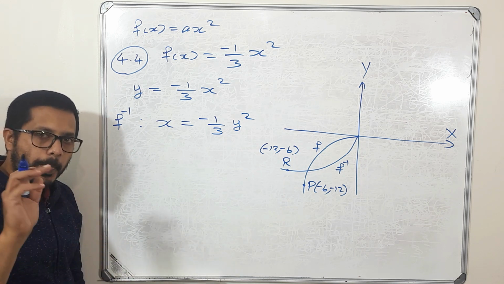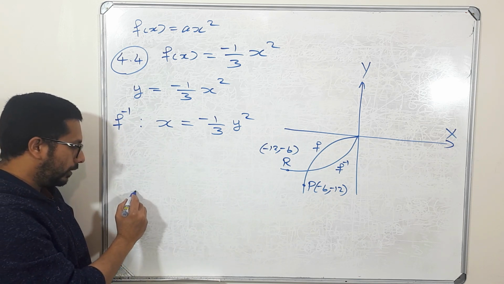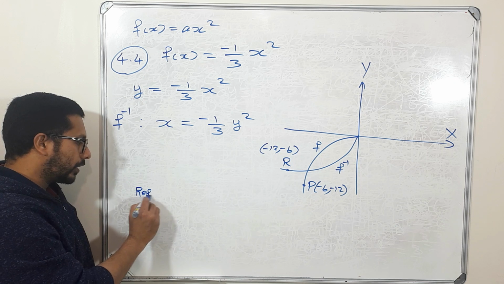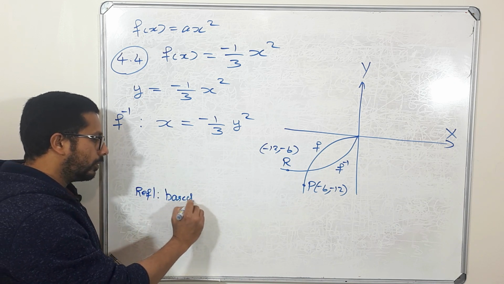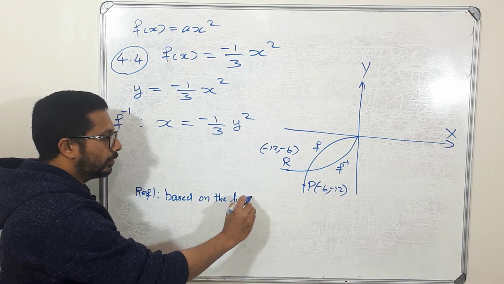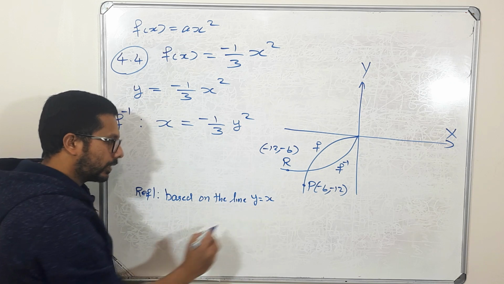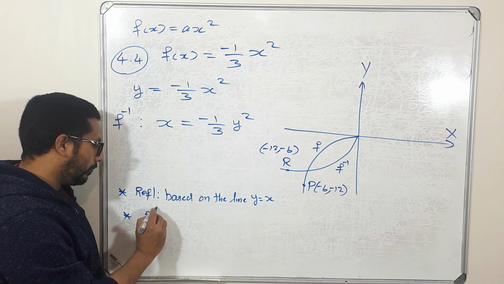Listen once more. In the previous question we did something like this: reflection based on the line y is equal to x, and this one to find f inverse.